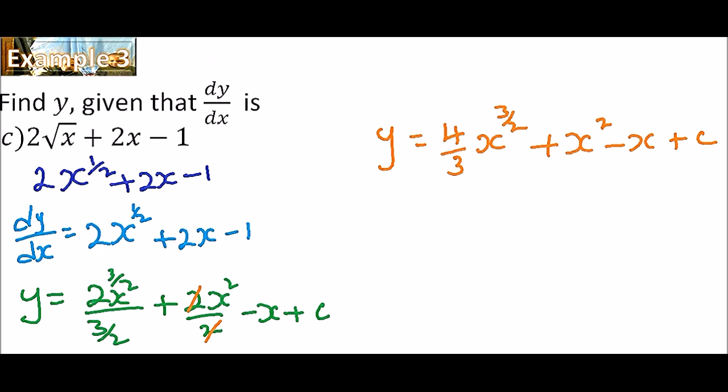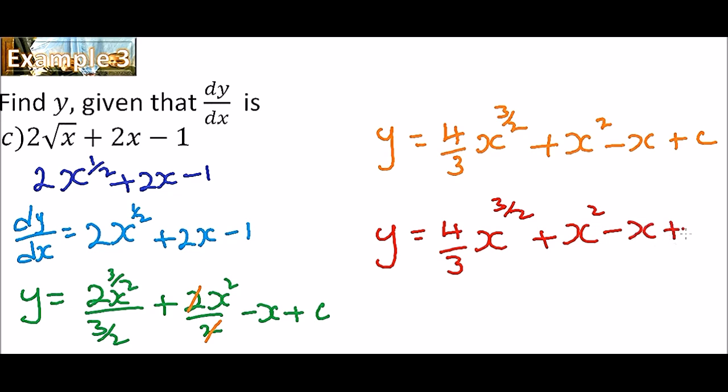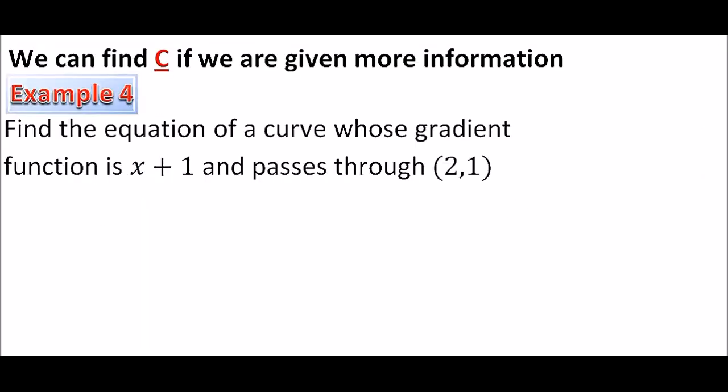So finally, after integrating, our y is equal to 4 over 3 x raised to power 3 over 2 plus x squared minus x plus c. So that is how you integrate to get the function y.